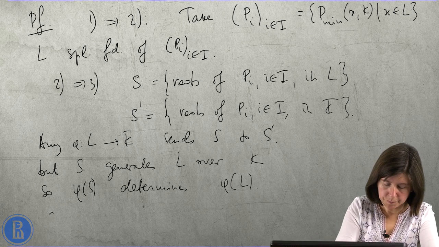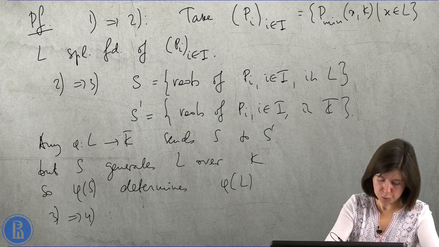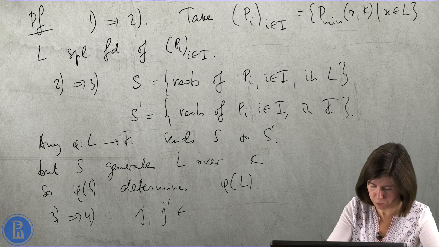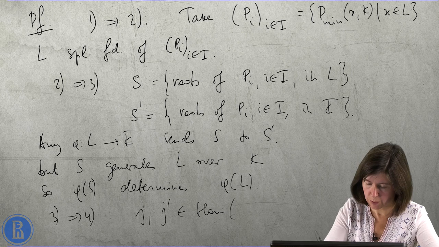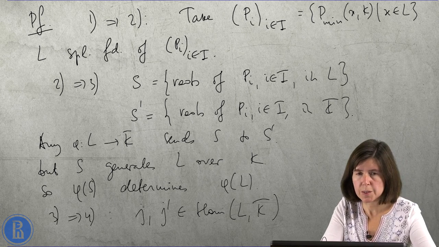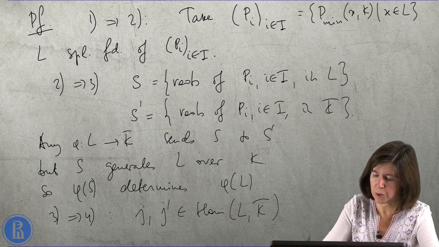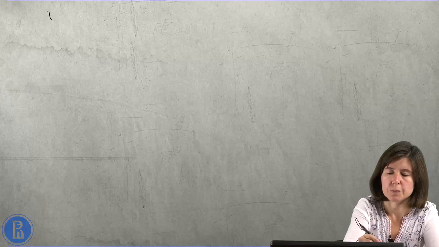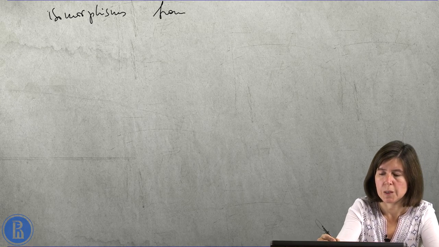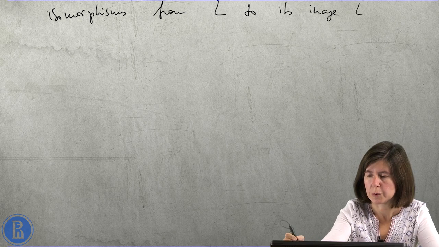3 implies 4. If I have two homomorphisms, if J and J prime belong to the set of homomorphisms from L to K bar, then they send L isomorphically to its image. So these are isomorphisms from L to its image L prime.